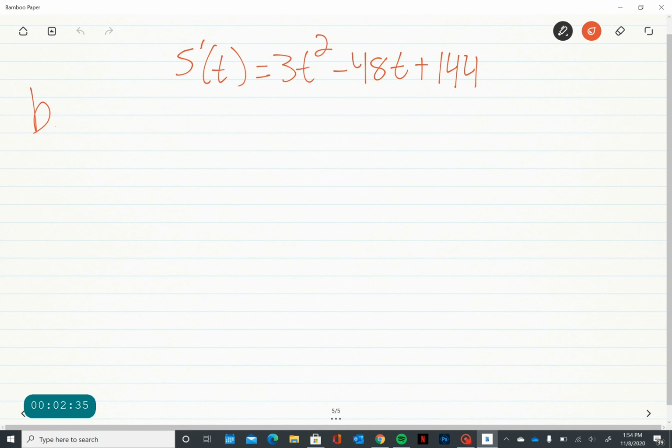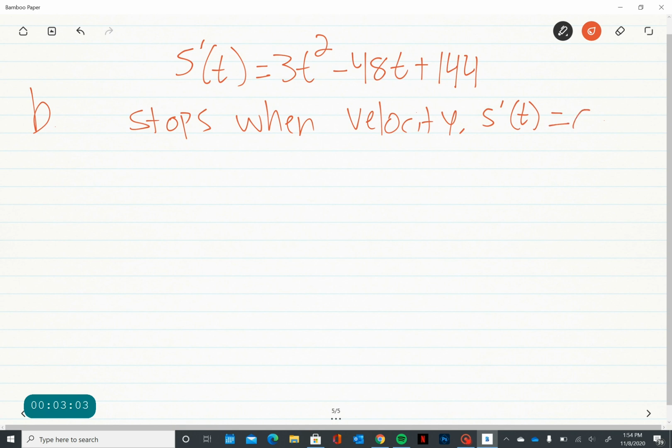So for problem B, it's asking for when the object stops moving, and it stops moving when the velocity, or in this case, s prime of t, is equal to 0.